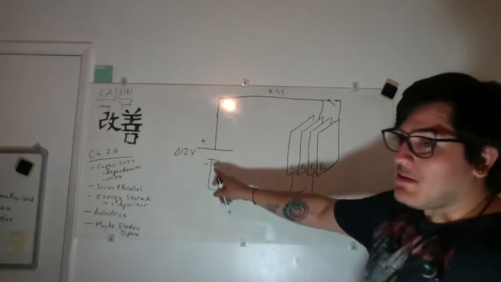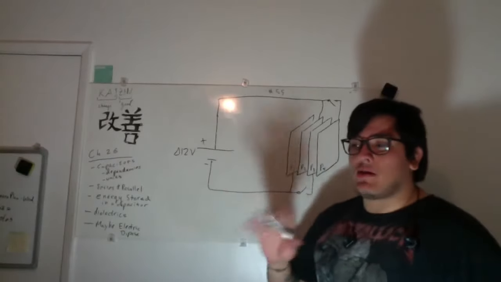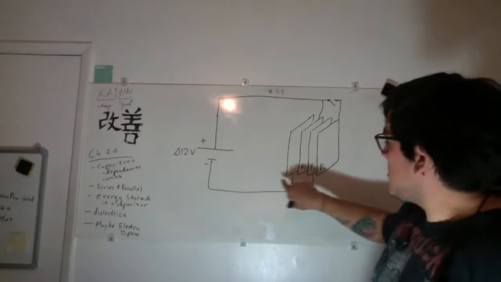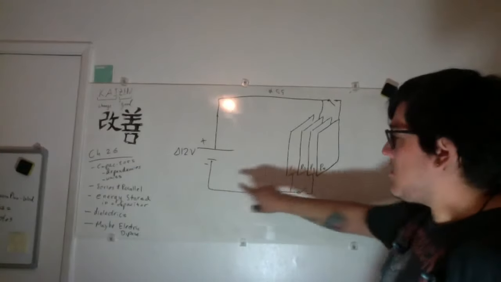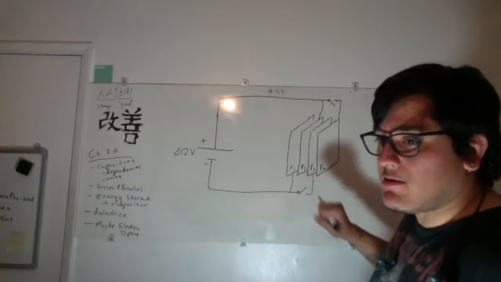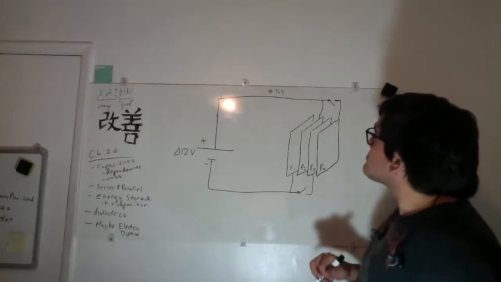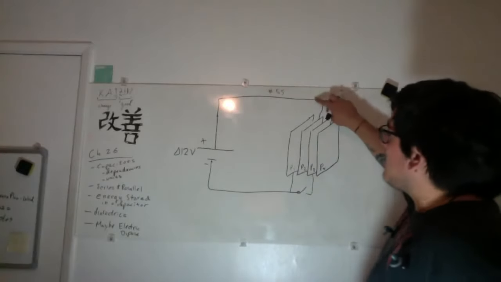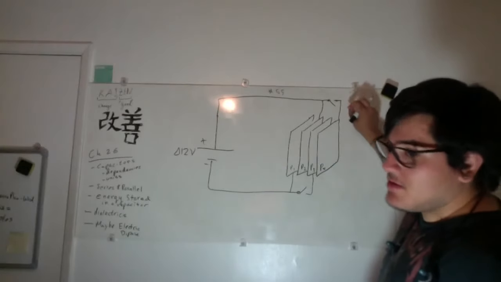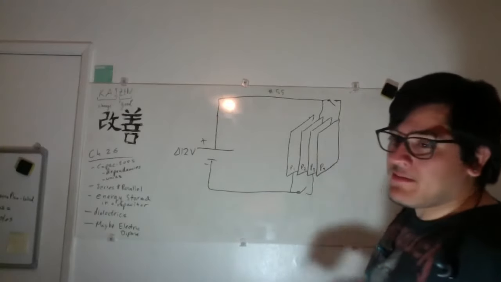By looking at the diagram, you can see that the negative is connected to P1 and also connected to P3 when the switch is closed. And here, the positive is connected to P2 and also, when the switch is closed, connected to P4.